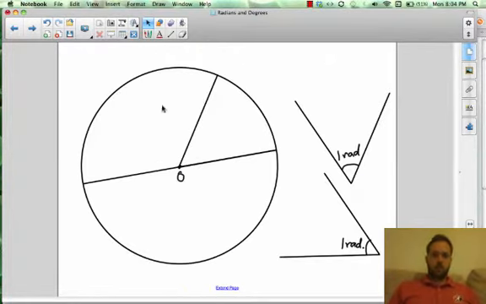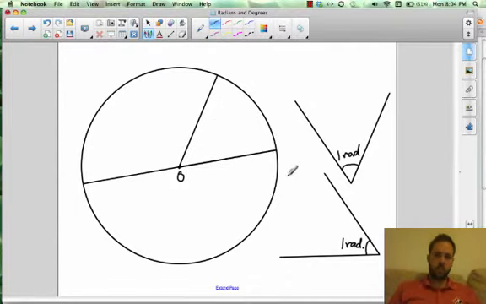Let's take a look at a circle. So right now, I have a simple circle drawn with the center labeled O. And I have from the center a radius here and a radius here that is extended into a full diameter. But this, we know that each one of these segments is exactly R, 1 radius.